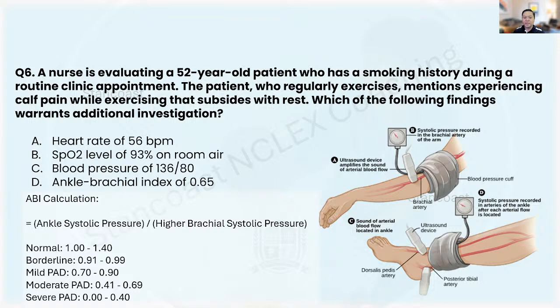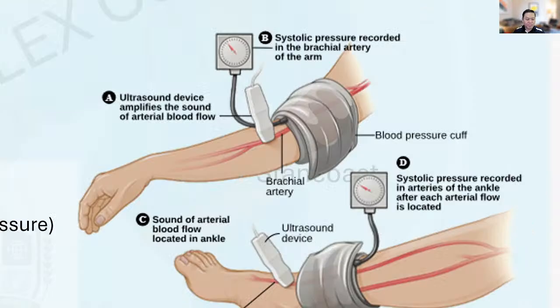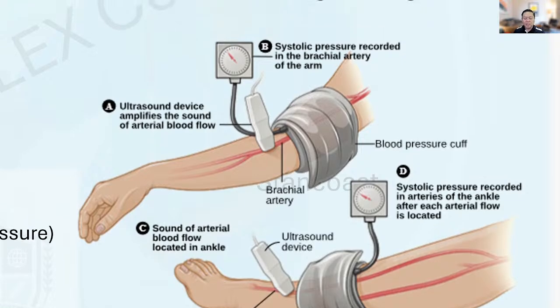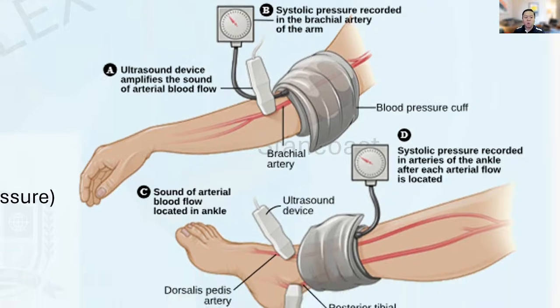We are not going to use the stethoscope this time. What we're going to be using is the Doppler ultrasound. Here, we're going to do the testing on both arms and both ankles.